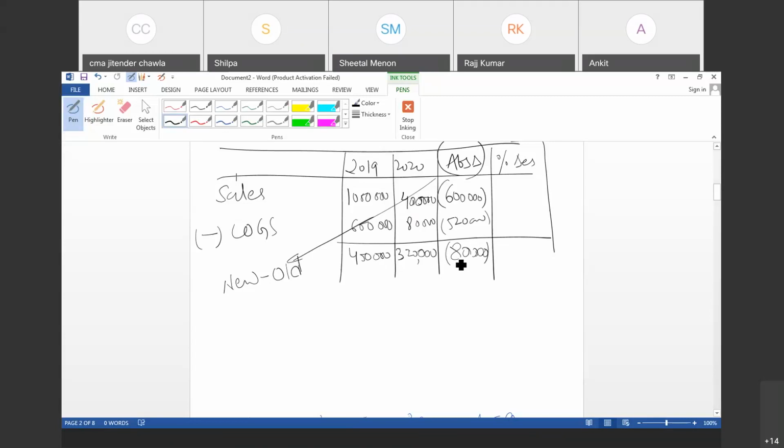Anyone of you can tell me what is percentage change? This is what statement? Comparative statement or common size statement? 60%. Increase or decrease? There is a decrease.